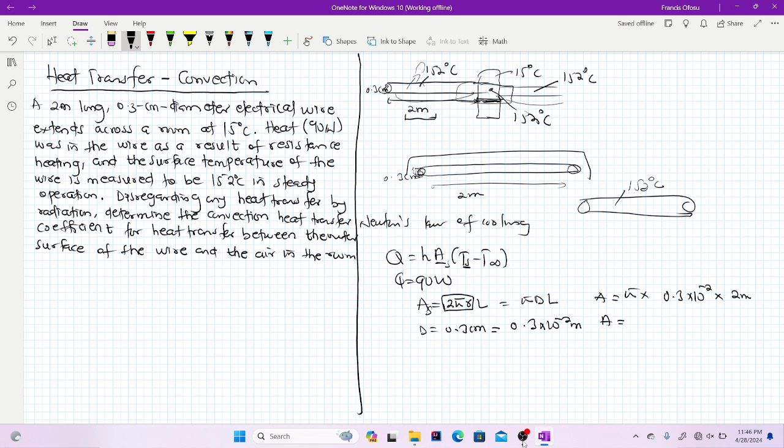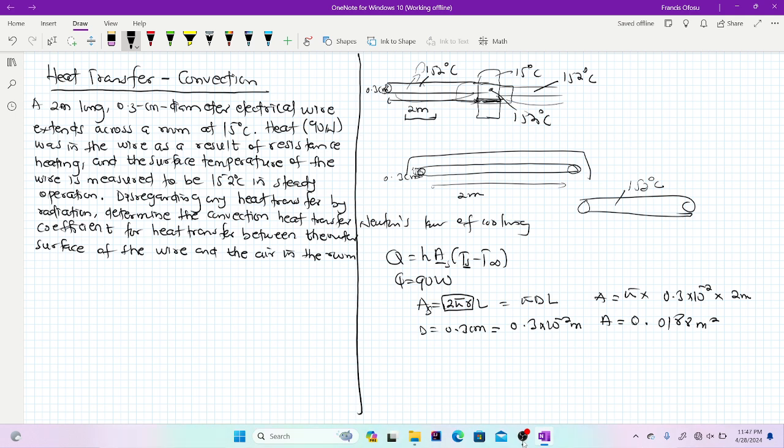Doing that, we get the area to be 0.0188 meter squared.